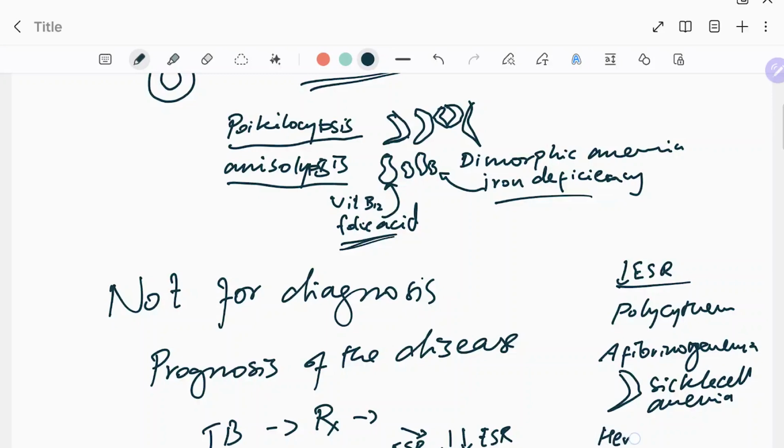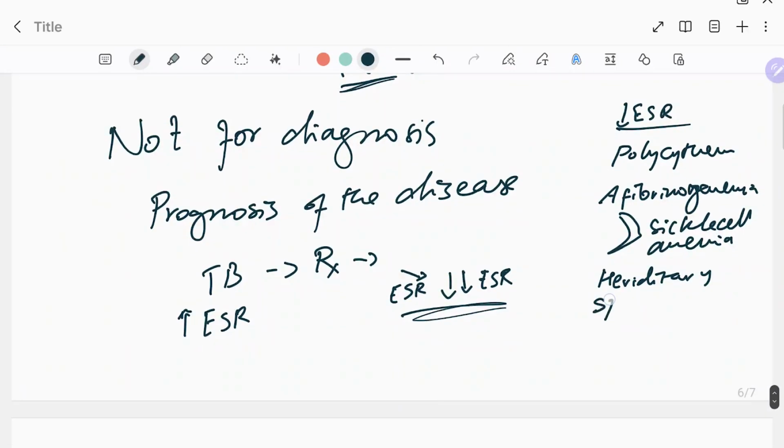Remember hereditary spherocytosis, where the cytoskeleton of the red cell is messed up and not proper, so you can get this hereditary spherocytosis. So these are your main conditions you would think of to have a decreased ESR.